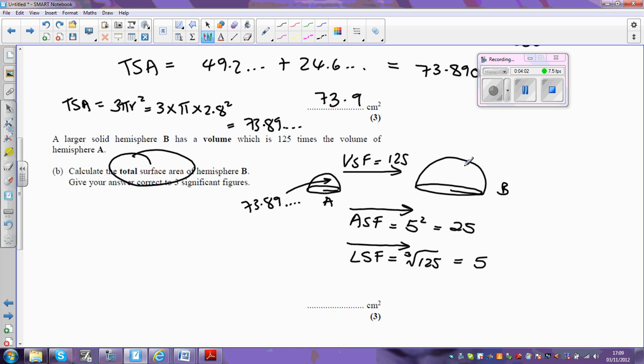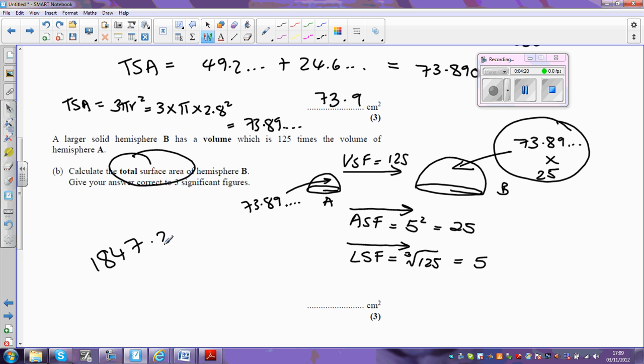So the surface area of the larger one is going to be that 73.89 multiplied by 25, because the surface area of this one is 25 times the surface area of this one. If you work that out, we get 1,847.256. This is our calculator answer.